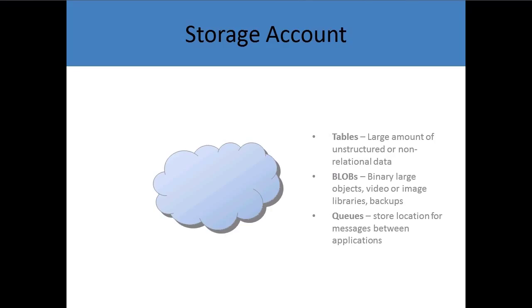Binary large objects, commonly you'll find video or maybe image libraries are stored in blobs. Maybe you have a number of backups that you want to store in that format as well. Again, nothing that's related to anything else. It's just something that any given application might need to access for whatever purpose. And queues, this is always a store location for messages between applications.